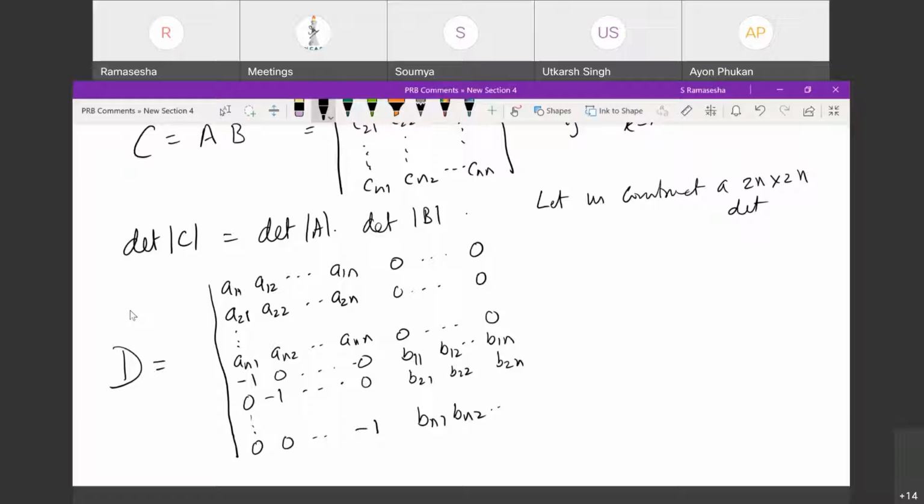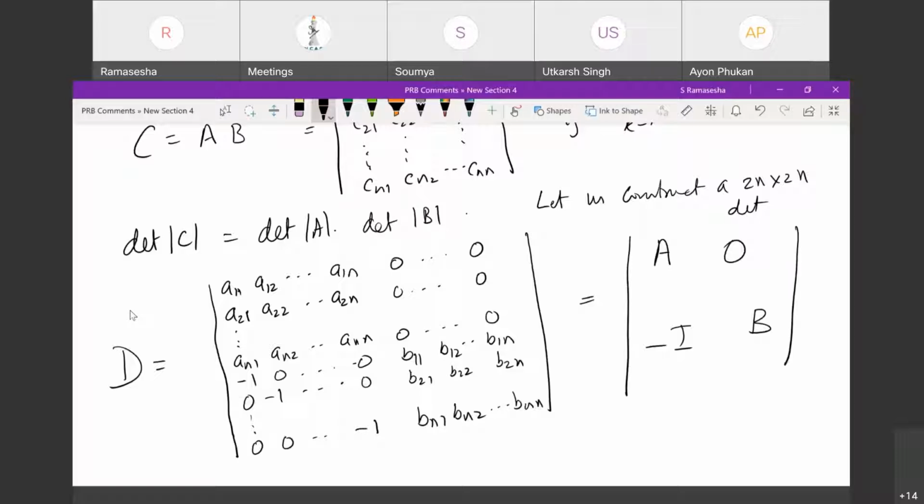So the structure of this determinant is A, 0, -I, B, where A, B and I are all n by n. Okay, so that's the determinant that I have.